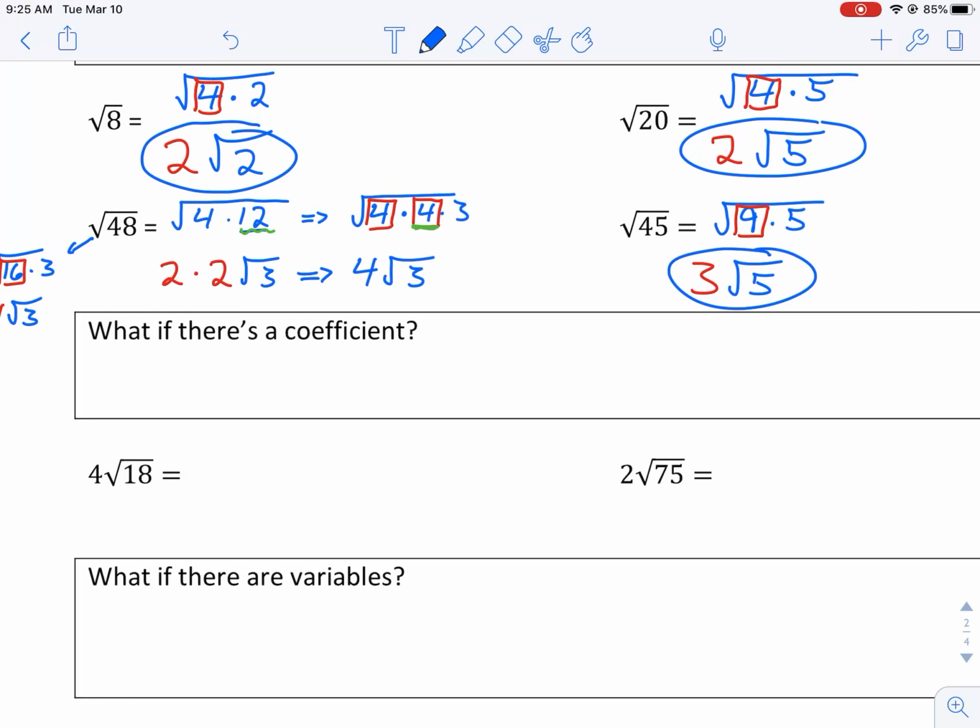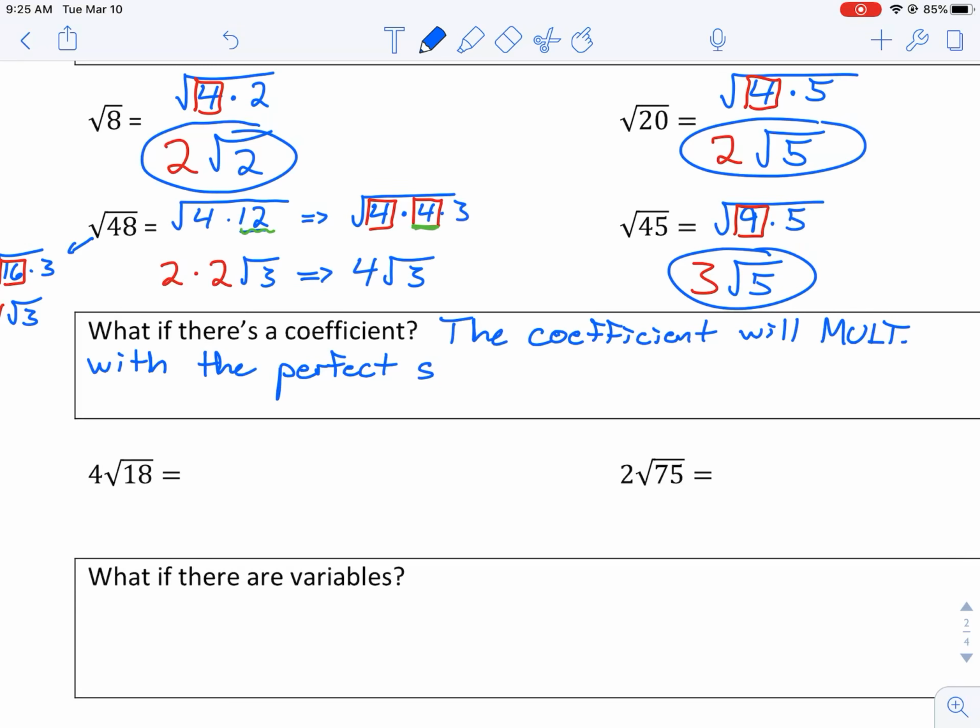If there is a coefficient in front of it, the coefficient will multiply with the perfect squares that factor out. So what do I mean by that?